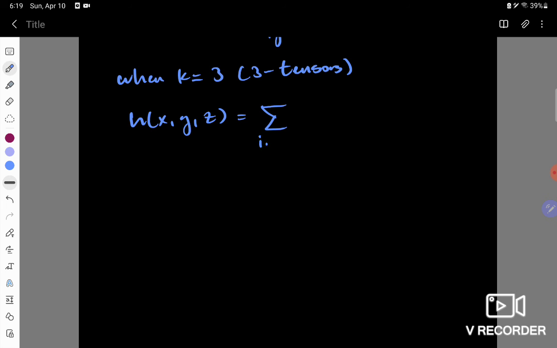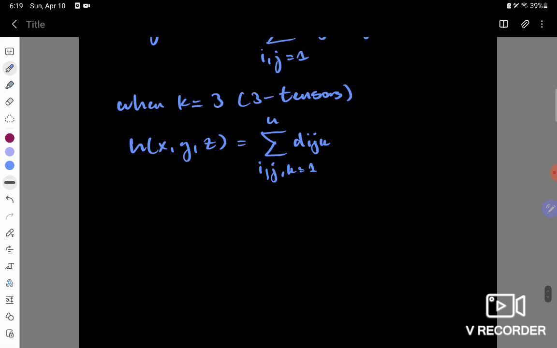We have i, j, k equals 1, runs through n, d sub ijk for the scalars that are being indexed. And now we have x sub i, y sub j, z sub k. Actually, k I shouldn't use, so maybe l is fine now. Let's just use l. Okay.